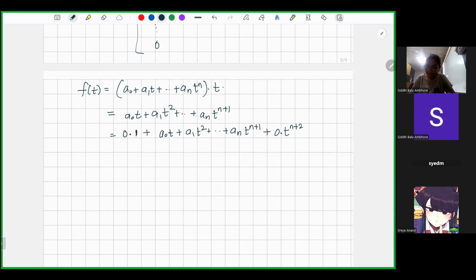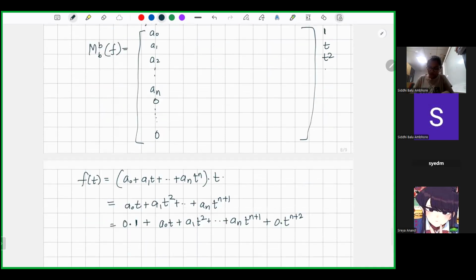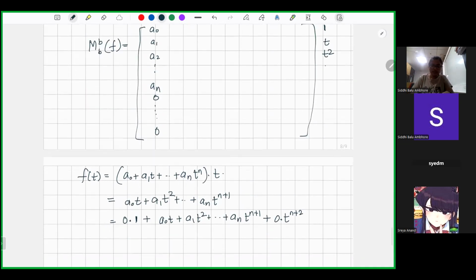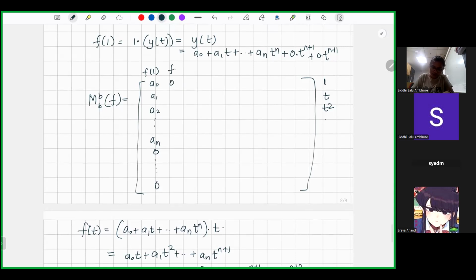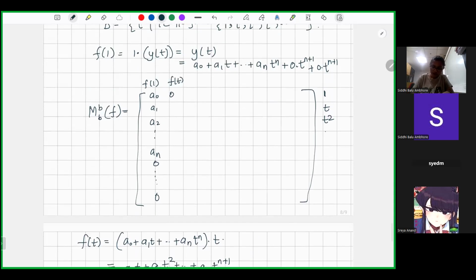This is what we are getting. So this is the coefficient of 1, this is the coefficient of t, this is the coefficient of t square, and so on. So here the coefficient of 1 is 0. This is my f of t. The coefficient of t is a naught.